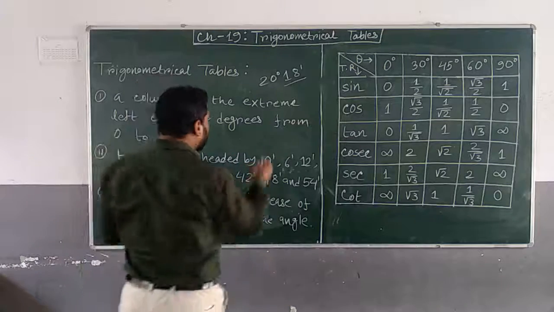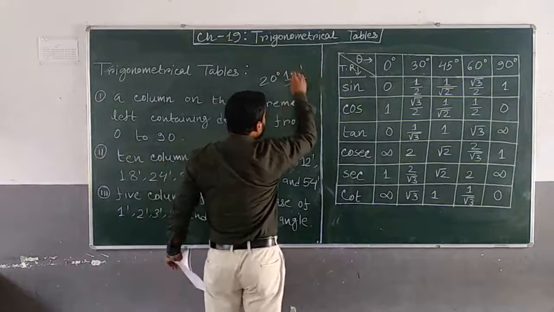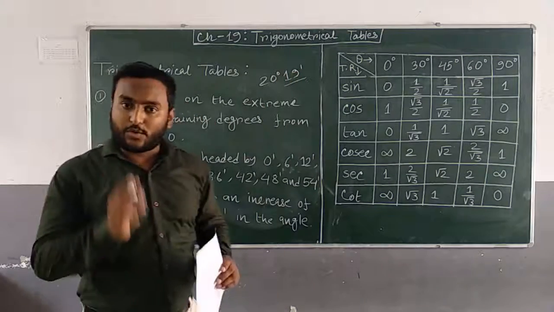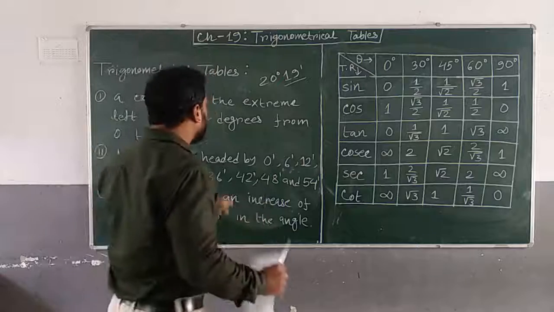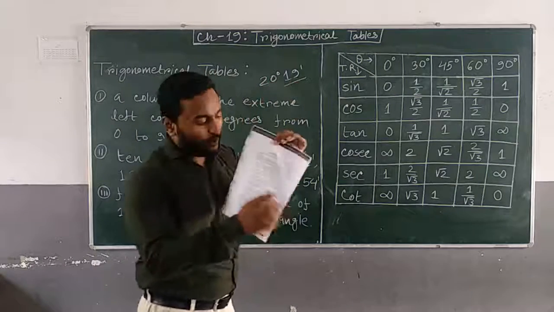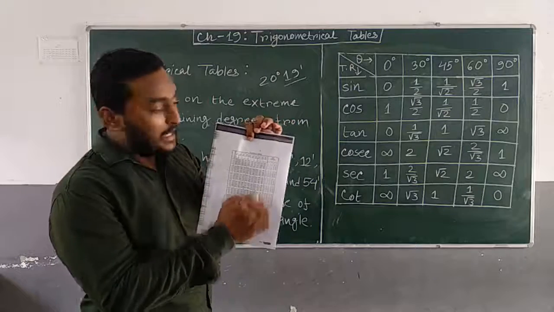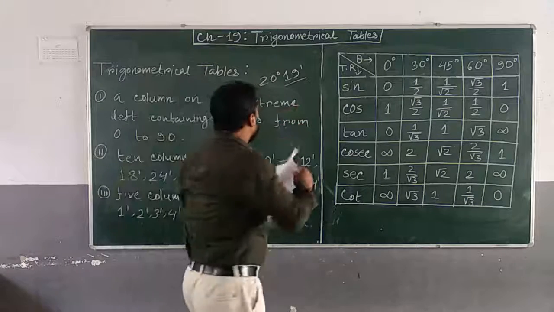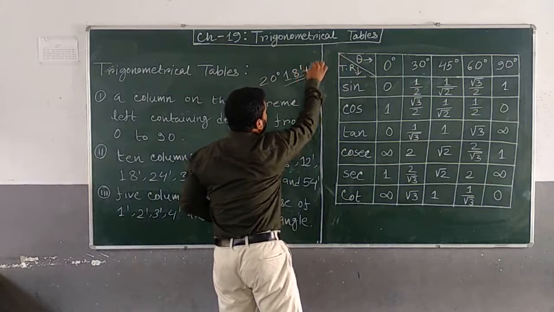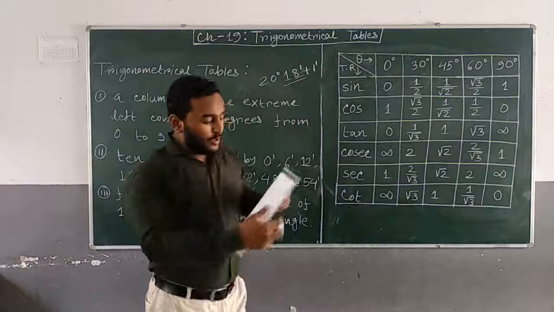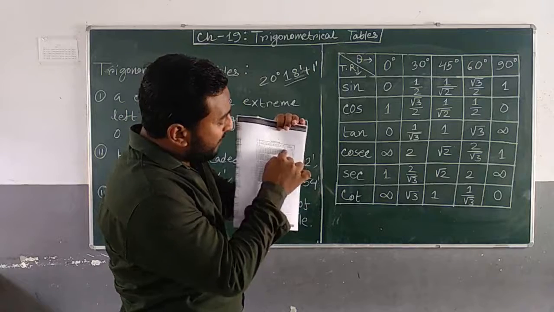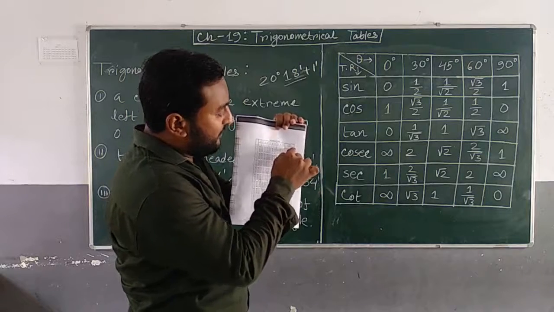But if it is given 20 degree 19 minutes, then how will we calculate? 20 degree 18 minutes I have already told how to calculate, and 19 minutes is 18 minutes plus 1 minute. At the rightmost side are 1 minute, 2 minutes, 3 minutes, 4 minutes, 5 minutes.